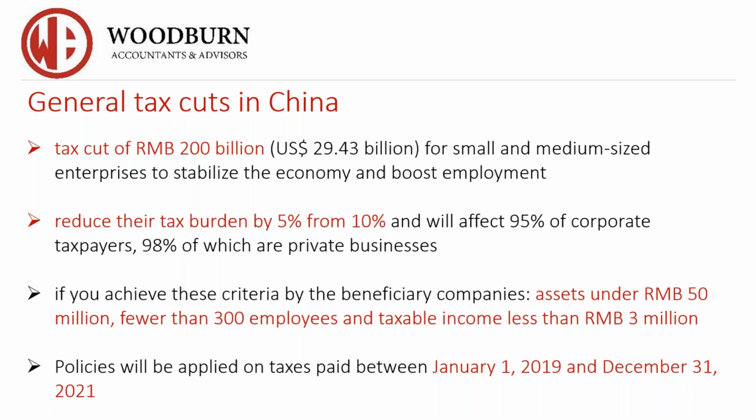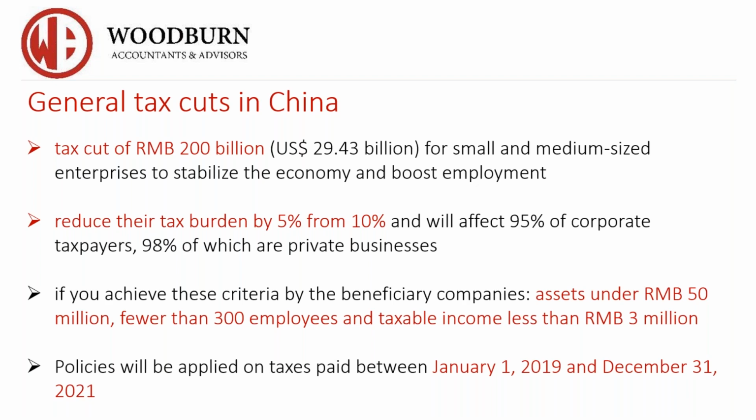In 2018, the government of China came out with a stimulus package for small and medium-sized enterprises in China. In brief, they said that for a period of 3 years, starting from January 1st, 2019 to December 31st, 2021, there would be general tax cuts on enterprise income tax, or what we know as profits tax, okay?